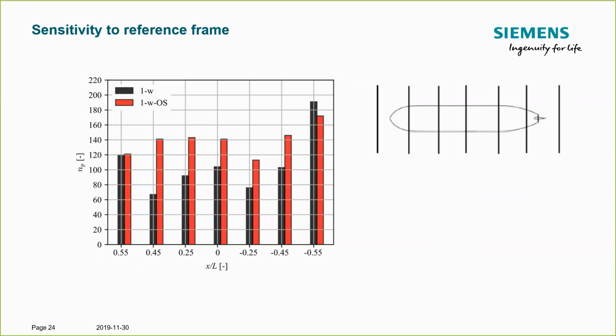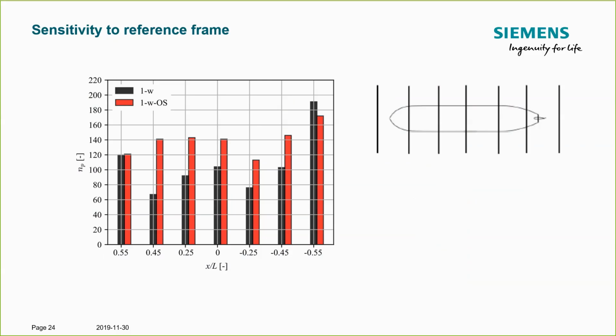And then you can see it evens out a little bit towards the stern. The important part in terms of integrating the pressures and summing up the contact forces is in the large midship section, which you can see here across the board for one-way coupling overset, the particle count was higher.